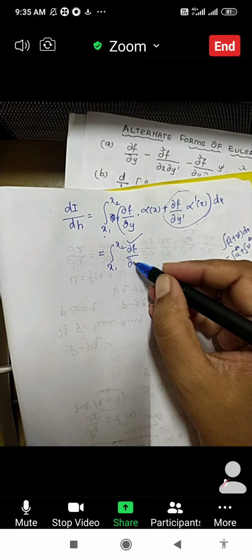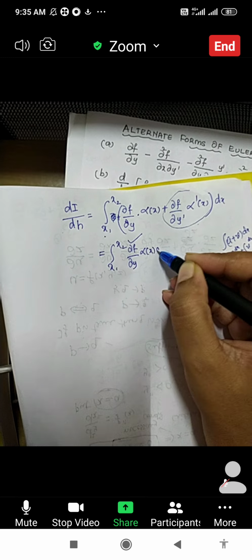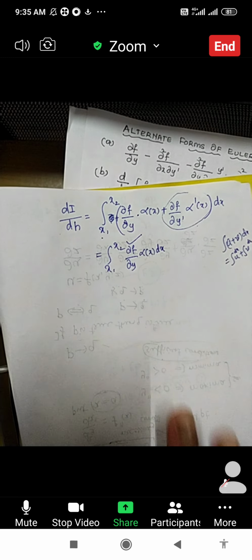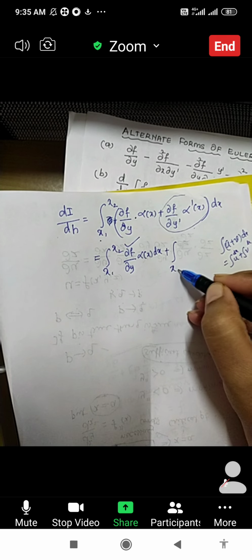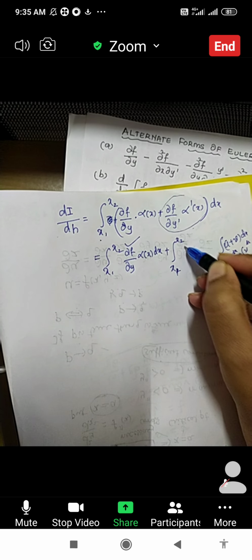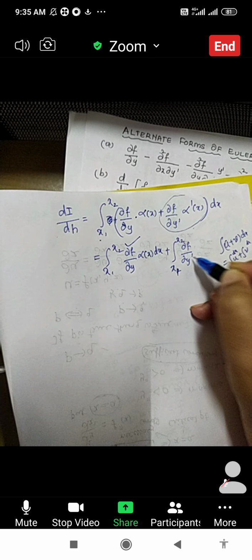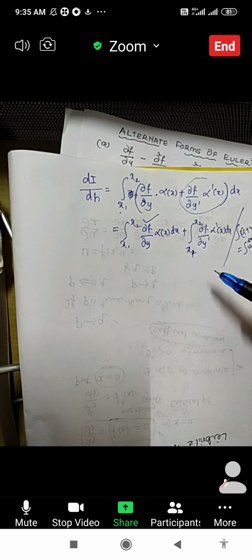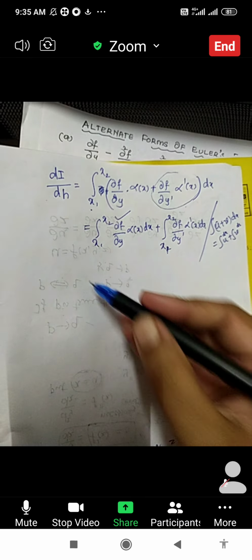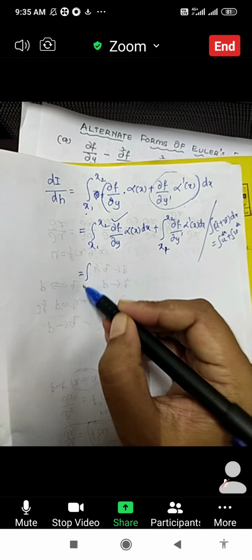So I'll keep the first function as it is. I'll not disturb it. For the second one, this is like x1 to x2, dou f upon dou y dash, alpha dash of x. First, we are going to split it. Integration is for both. So the first term will keep as it is, means this is the same.